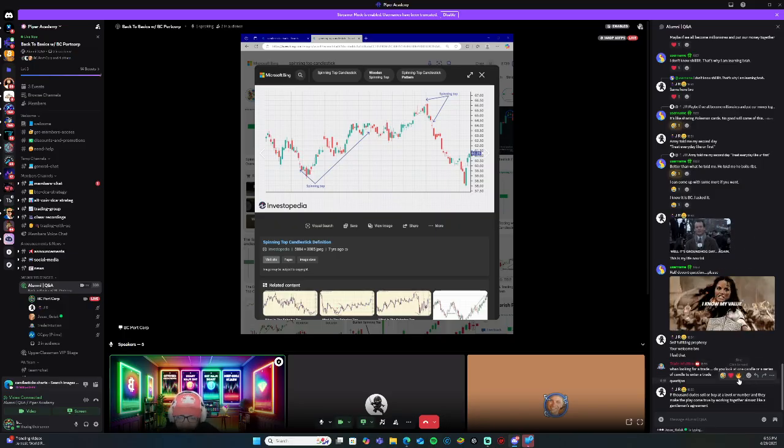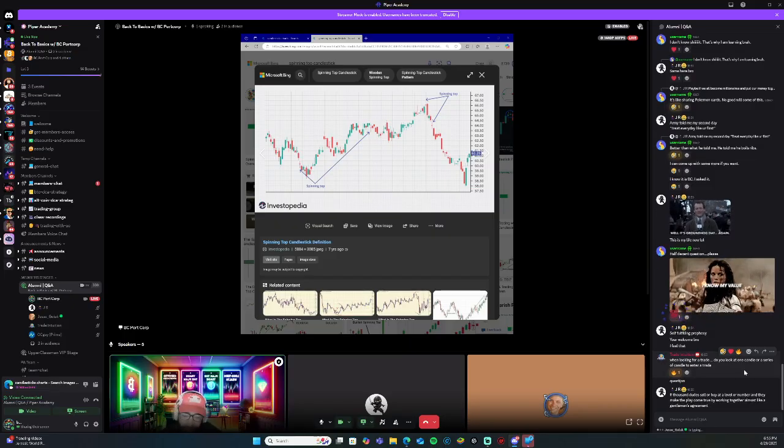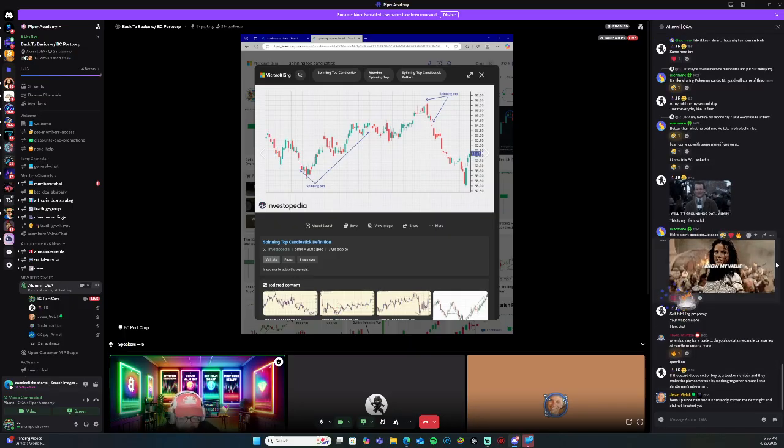When looking for a trade, do you look at one candle or a series of candles to enter a trade? It really just depends on what kind of trade I'm looking at and what other confluence I have. So say my RSI is kind of overbought and I'm eyeing a short.